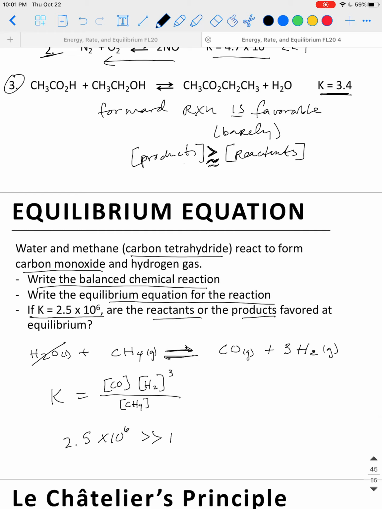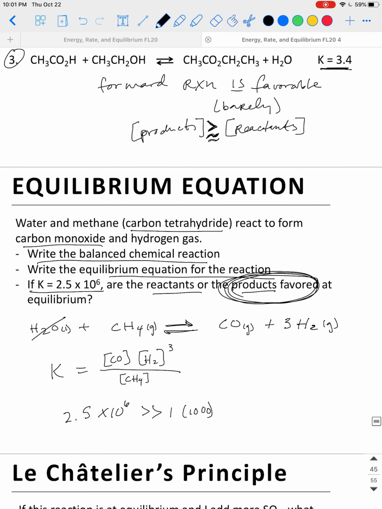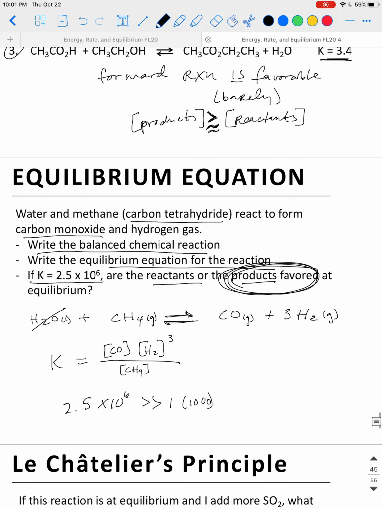Because this is greater than both of these numbers, that means products are favored. You're going to have way more products, mostly all products, no reactants.